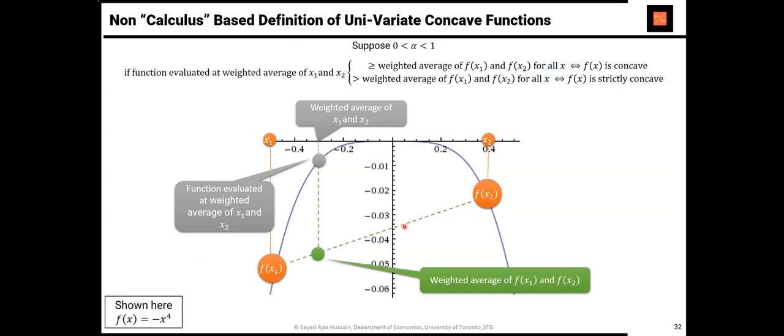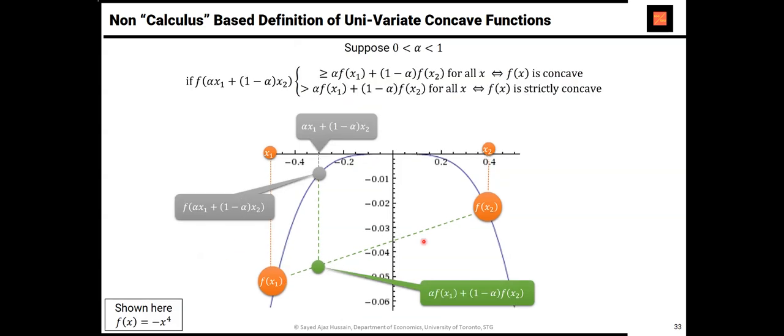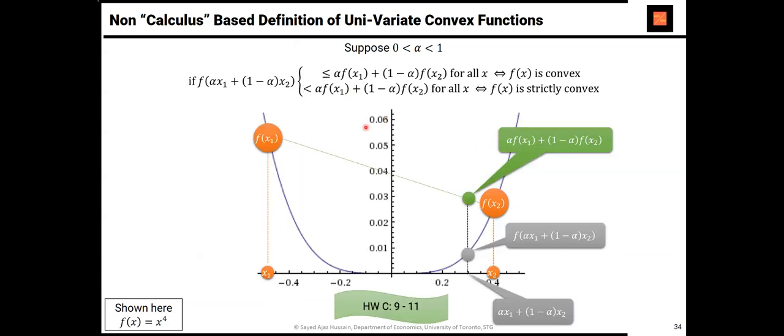And if the arc is strictly below or touches the curve, that function is concave. That's a very fancy way of saying simply that a strictly concave function has an arc that's always below the curve. I leave this as an exercise for you to understand that the reverse must be true for convex and strictly convex functions, where the arc connecting any 2 points on the graph must always be above the curve for strictly convex, and the arc must be either above or touch the curve for simply convex functions.